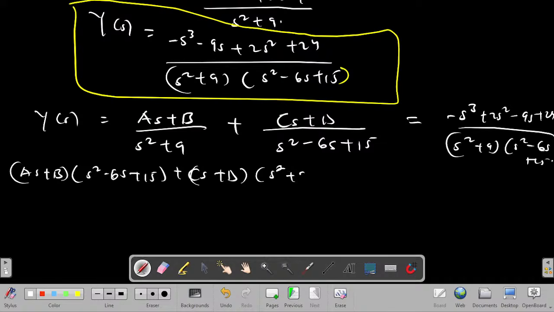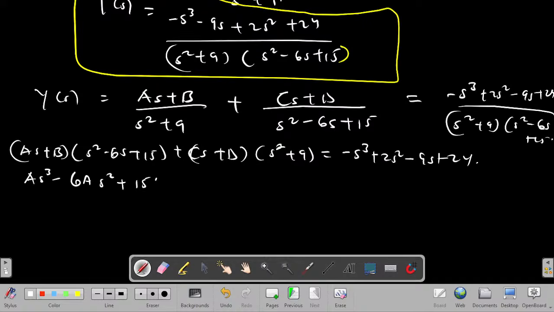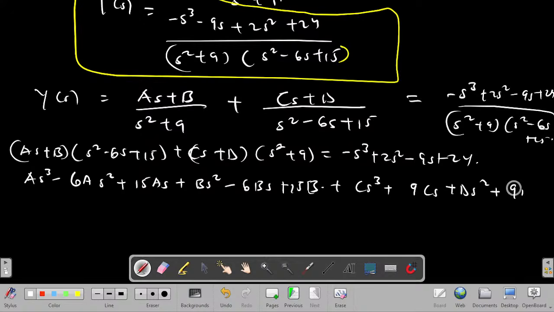And this should be equal to negative s cubed plus 2s squared minus 9s plus 24. Okay. Then I'll still come back again. Plus Bs squared minus 6Bs plus 15B. When I come to this, I have plus Cs cubed plus 9Cs plus Ds squared plus 9D.